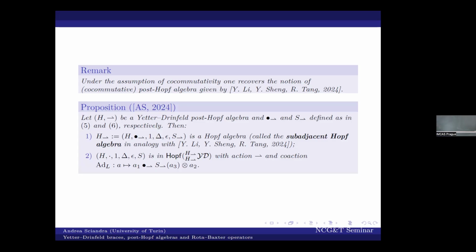In fact, the definitions of bullet and S are the same. And the starting datum, so H with dot, delta, epsilon, and S, is now a Hopf algebra, but in the category of Drinfeld modules over the subjacent Hopf algebra. So we start with something which is just an algebra, a coalgebra with an antipode. We build a proper Hopf algebra, and we realize that our starting datum is a Hopf algebra in the category of Drinfeld modules over H bullet.